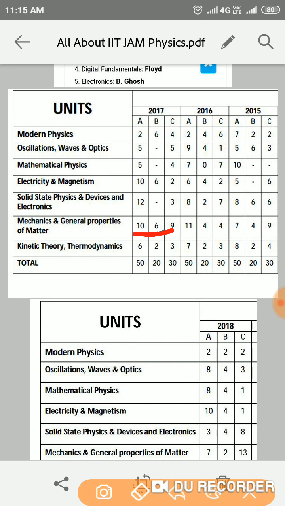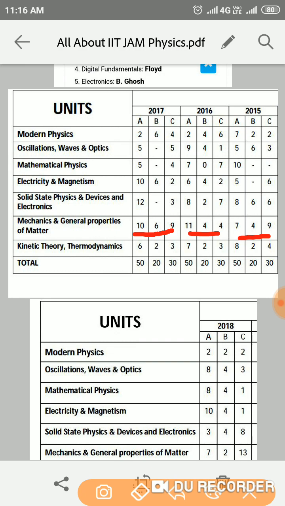Similarly, in 2016, 19 marks of questions were asked from mechanics, and in 2015, 20 marks. So you can expect 20 to 25 marks of questions from mechanics. That's why I have told you that this is a very important topic. You can't afford to leave it, and you should study it thoroughly. And I have also told you about the books.